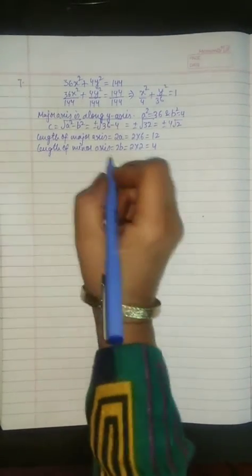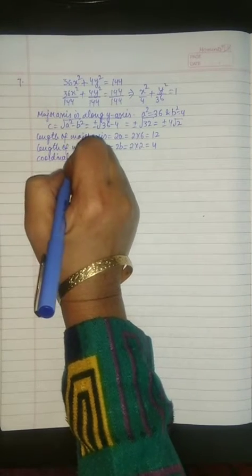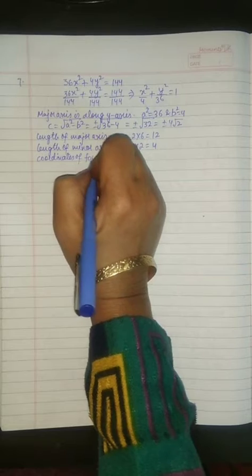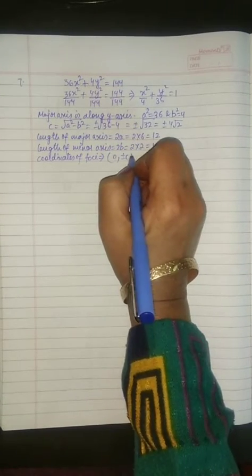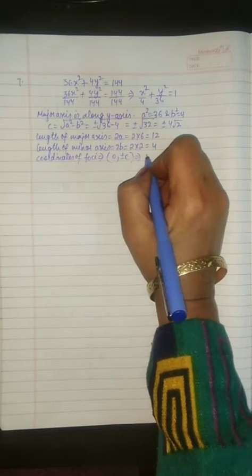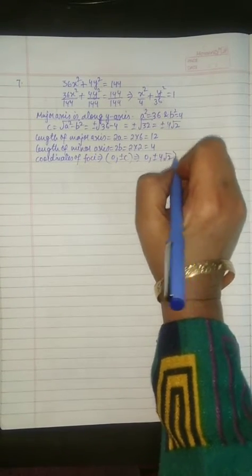Now the coordinates of foci will be 0 and plus minus c, which is 0 plus minus 4 under root 2.